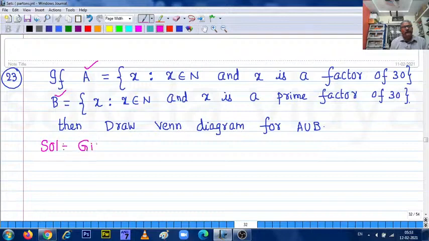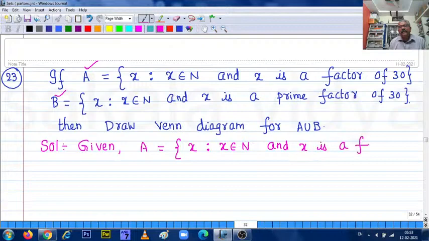Given A equals x such that x is a natural number and x is a factor of 30. So what are the factors of 30? First let us write.